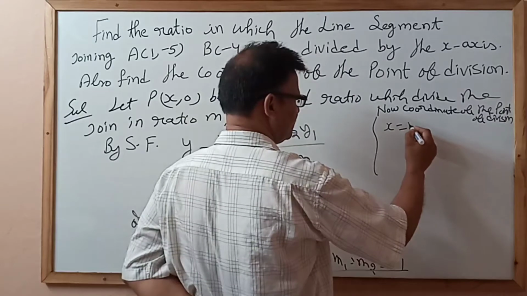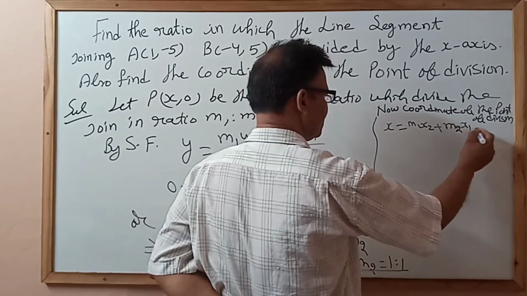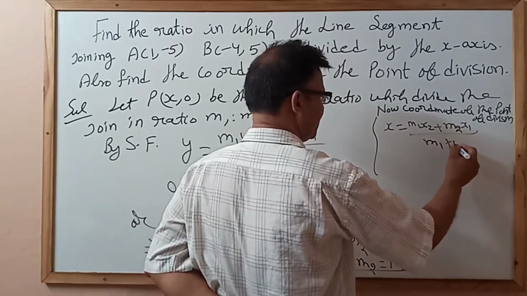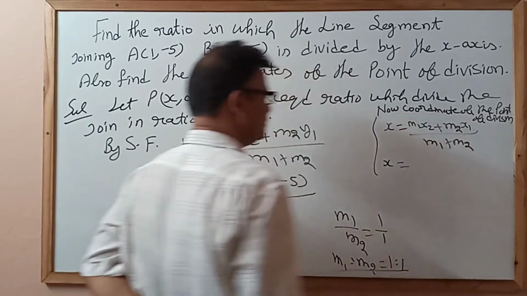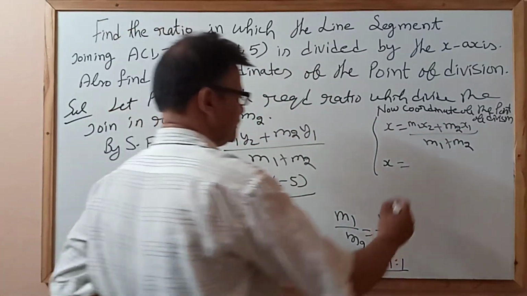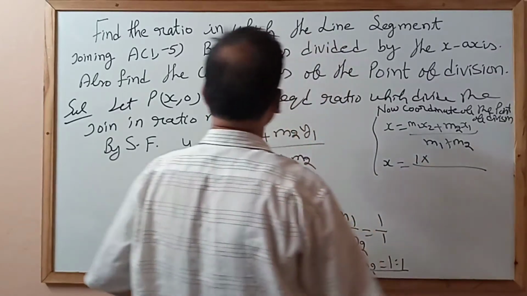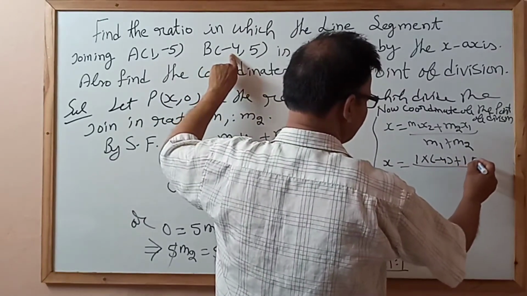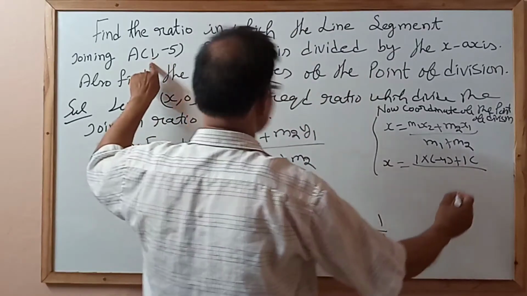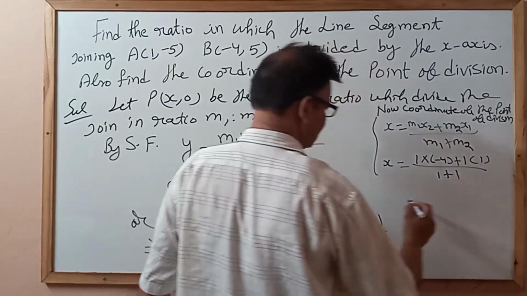x is equal to m1 x2 plus m2 x1 over m1 plus m2. So x is equal to m1, m1 is 1, multiply x2, x2 is minus 4, plus m2 is 1 multiply x1, x1 is 1, over m1 plus m2.